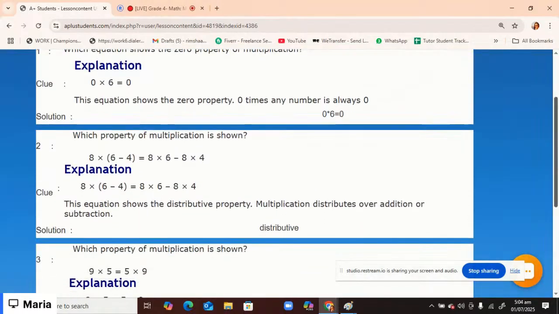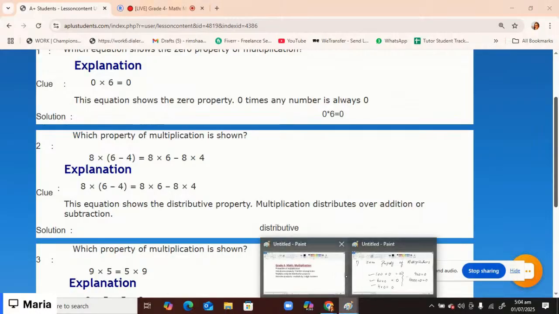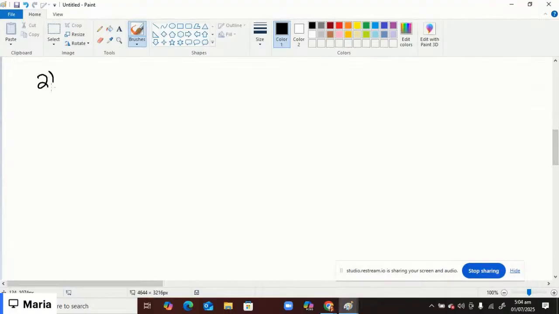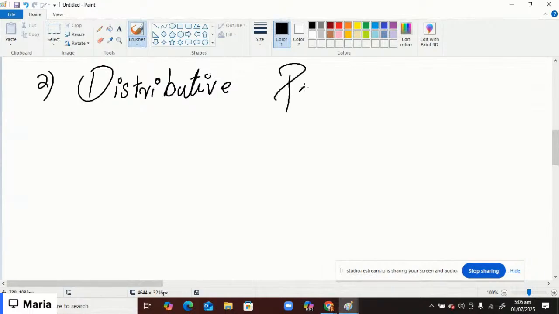Now the second property is the distributive property. What is the distributive property called? So, what is the distributive property basically?